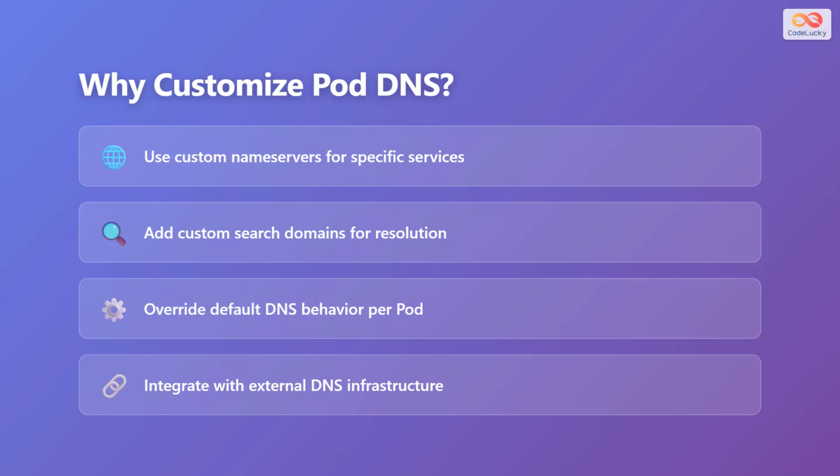Third, you can override the default DNS behavior on a per-pod basis, giving you fine-grained control over how each pod resolves domain names. Finally, customizing DNS is essential when you need to integrate your Kubernetes cluster with external DNS infrastructure, such as corporate DNS servers or hybrid cloud environments.